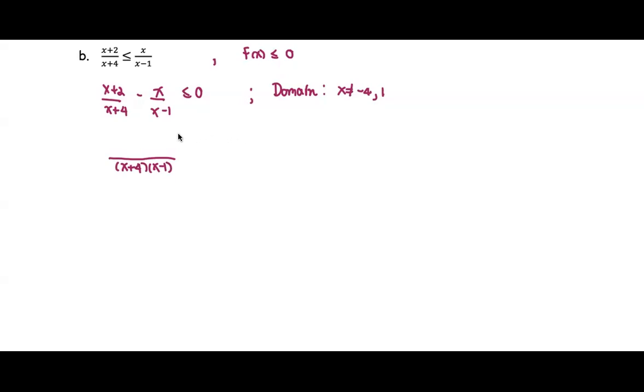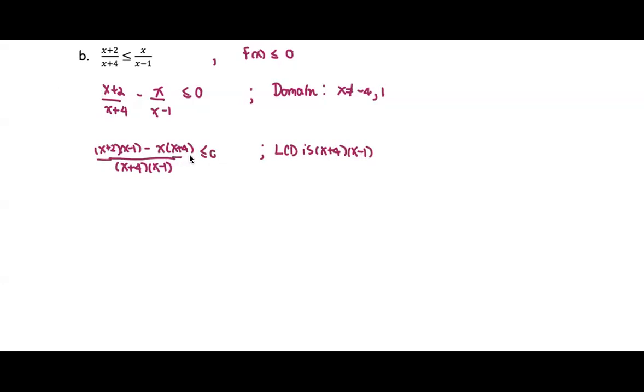Note, the least common denominator, the LCD, is the product of x plus 4 and x minus 1. So multiply the first fraction by x minus 1, and multiply the second fraction by x plus 4, less than or equal to 0.